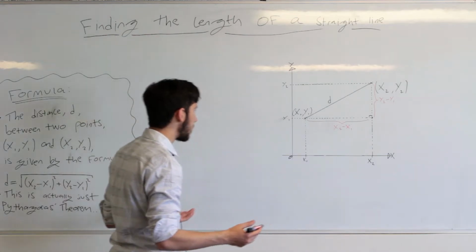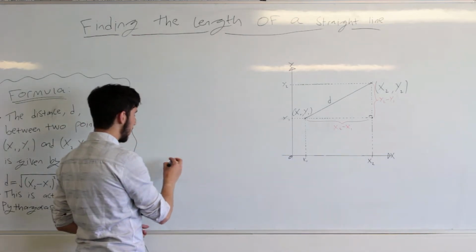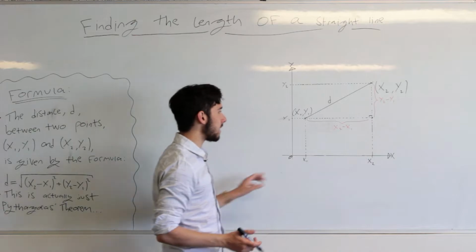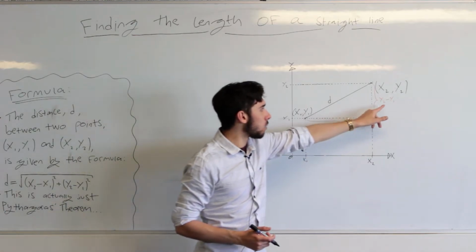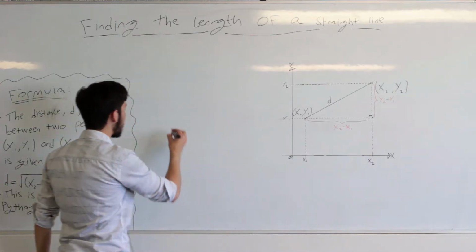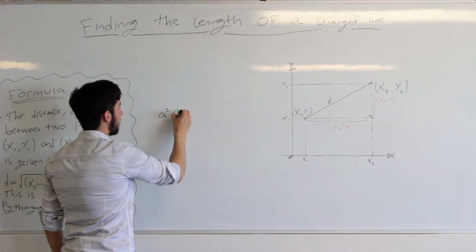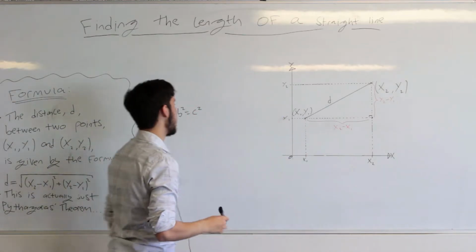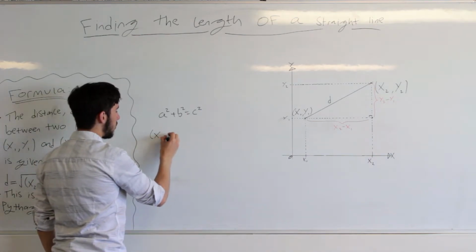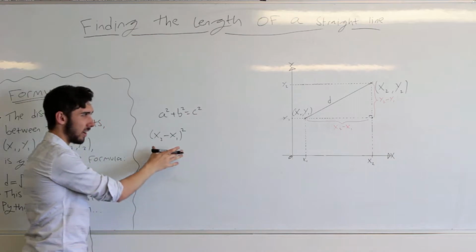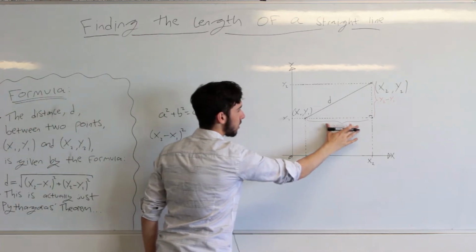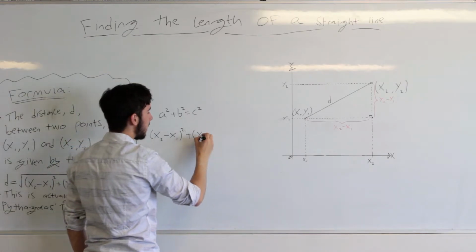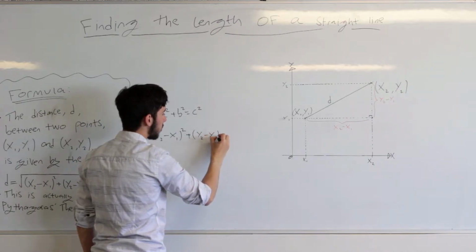Well, if we just say, can we agree that, as I've just mentioned, a squared plus b squared equals c squared, and I've just said that a is x2 minus x1, b is y2 minus y1, and c is d, then I'll rewrite it for you. a squared plus b squared equals c squared, using this, we can also say, in this situation, that x2 minus x1 squared, because that's kind of like our a squared, isn't it? x2 minus x1 is the bottom of the triangle here, plus, and then this is now our sort of b squared, it's going to be y2 minus y1 squared, okay?